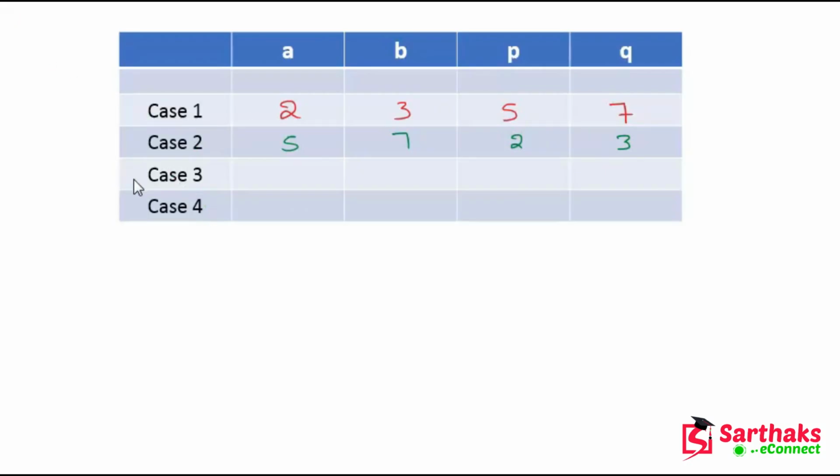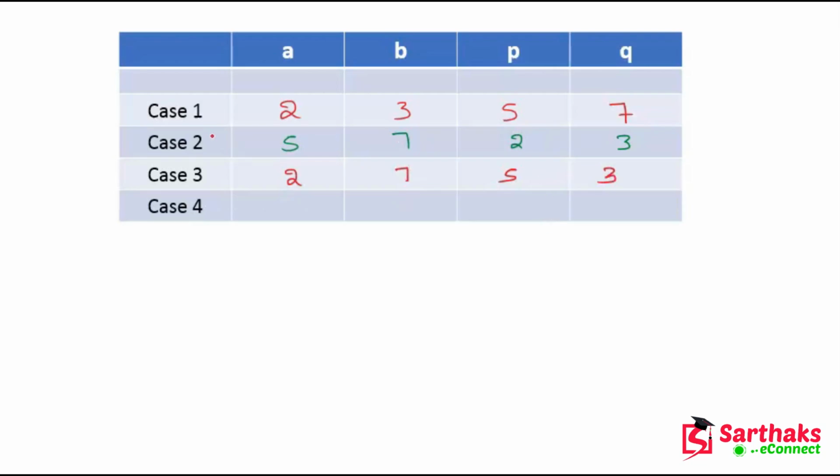Now in the third case, we are keeping the values of A and P the same. We are going to interchange the values of B and Q. This is 2 and this is 5. Now if we interchange the values of B and Q, here we get 7 and 3.